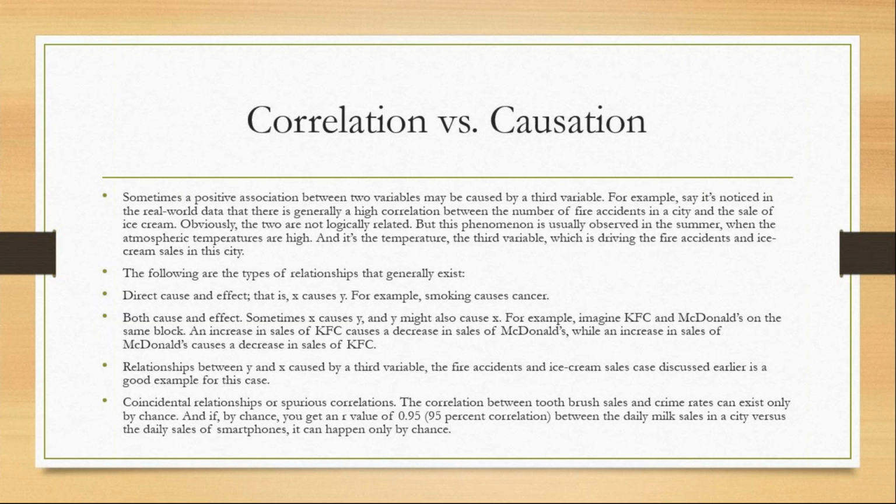Otherwise, there shouldn't be any reason why their sales should be correlated. I hope I'm making sense till here. You need to understand that just having a high correlation number doesn't mean that there is a relation between the two. You need to be cautious to some extent and understand that there could be a third reason for it as well.